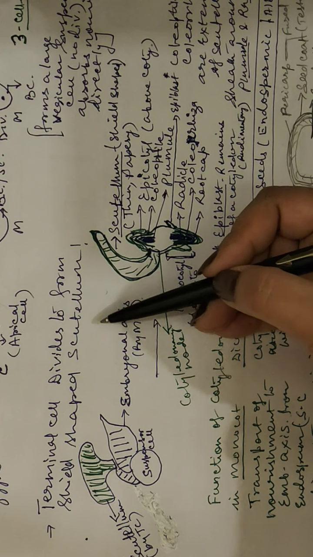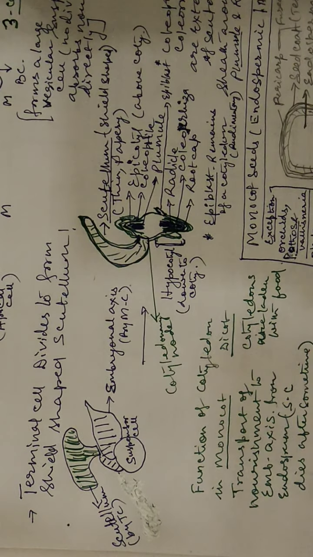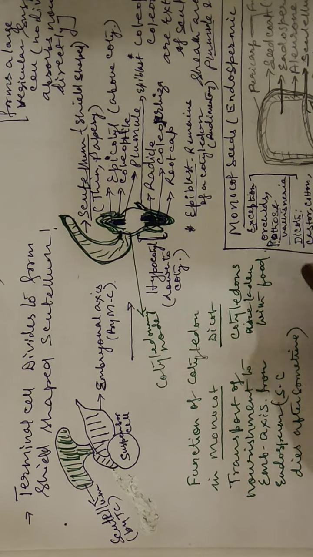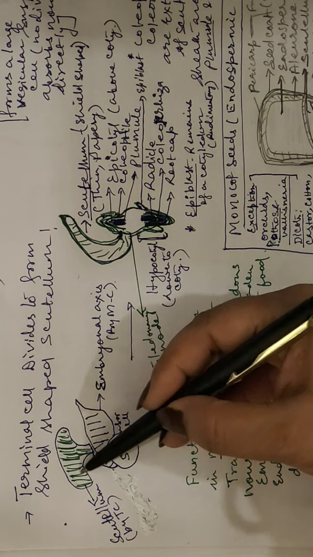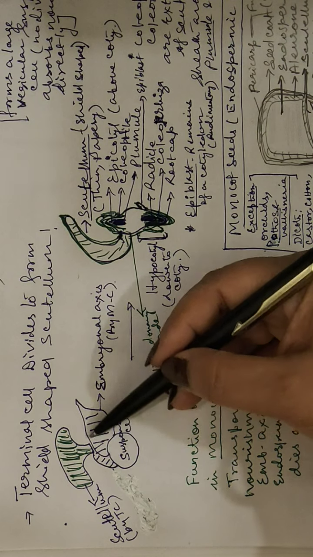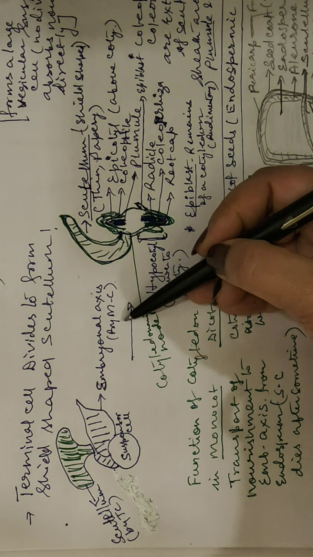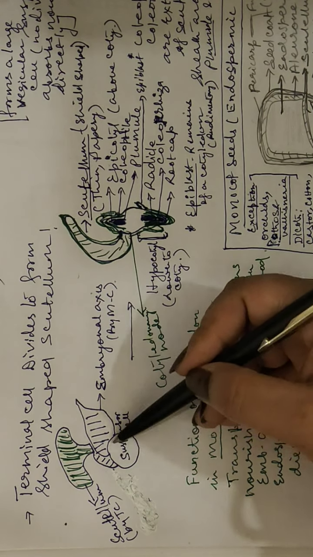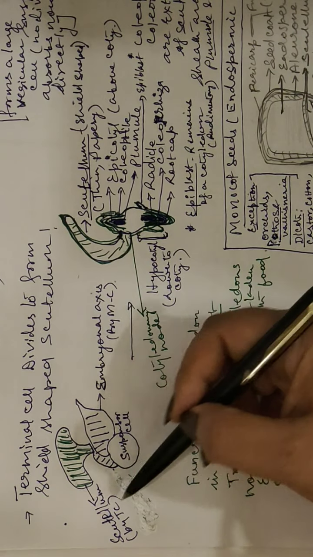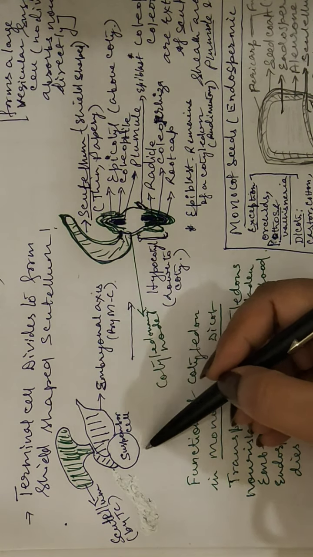The monocot cotyledon is shield-shaped, called scutellum, and as you can see in the diagram, this is the scutellum formed by the terminal cell, whereas this part you can see is the embryonal axis, which is formed by the middle cell, and this is that one-cell vesicular suspensor cell. So this is how the monocot embryo looks during the development stage.